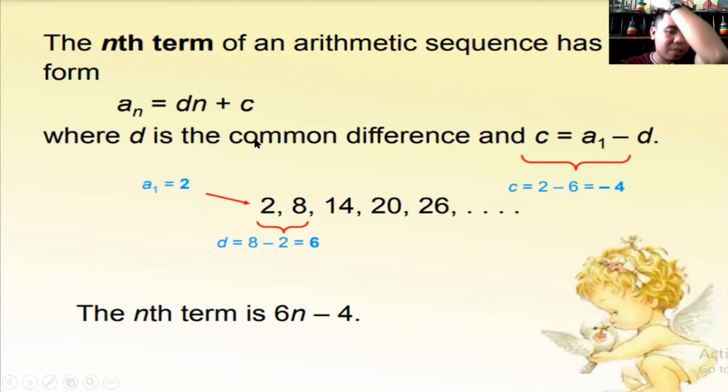What is your d, the common difference? To get the common difference, a sub 2 minus a sub 1, or a sub 3 minus a sub 2. So what is your a sub 2? 8 minus 2 is 6. So therefore, your d there is 6.